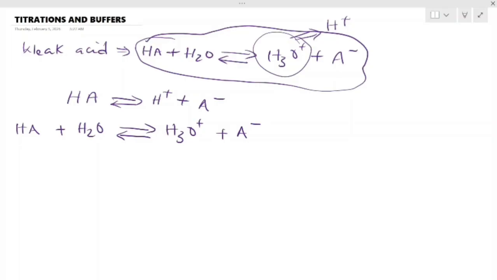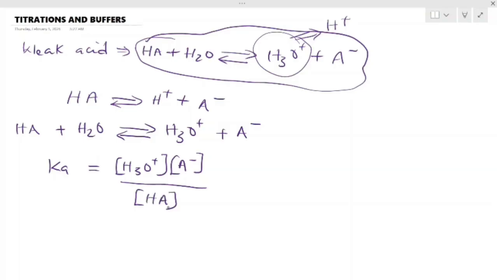So if we look at the acid dissociation constant Ka, we will see that we have the concentration of the product at equilibrium, H3O plus, multiplied by the concentration of A minus, over the concentration of the reactant, which here is HA.